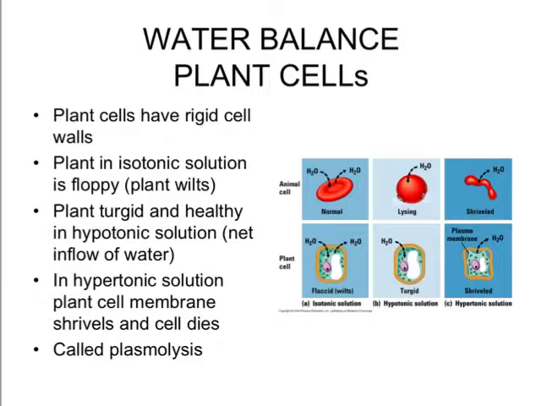And now in a hypertonic solution, where there's more solutes on the outside of the cell, that plant cell is going to lose water to the outside, so it's going to get all shriveled up and it's going to go through plasmolysis and die. So interestingly, animal cells really require an isotonic solution in order to stay healthy, but plant cells require a bit of a hypotonic solution to stay healthy.